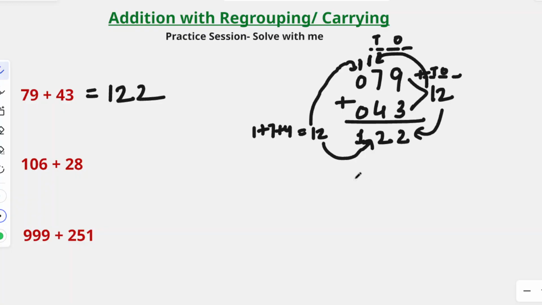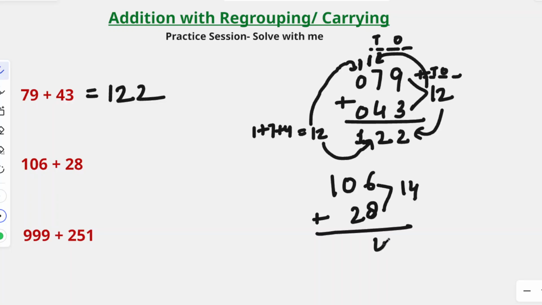Now coming to the next addition, 106 plus 28. Let's do the same with this also. So we will write 106 and 28. Okay, so 6 plus 8 gives us 14. So 4 will be written here and this 1 will be regrouped to the tens place.